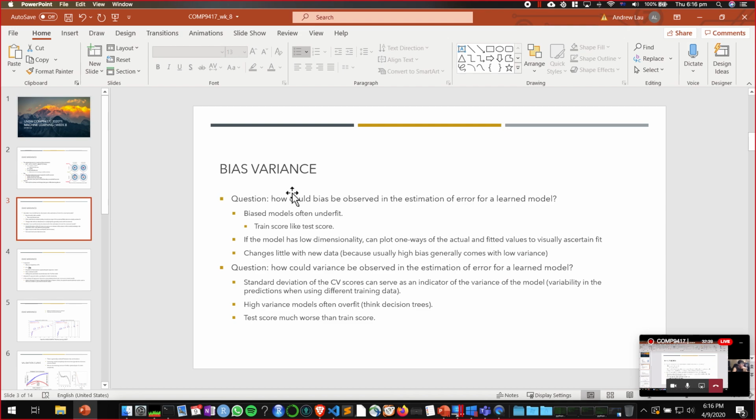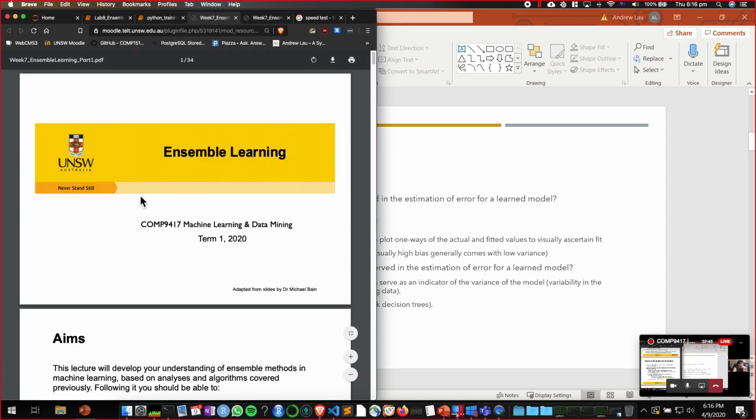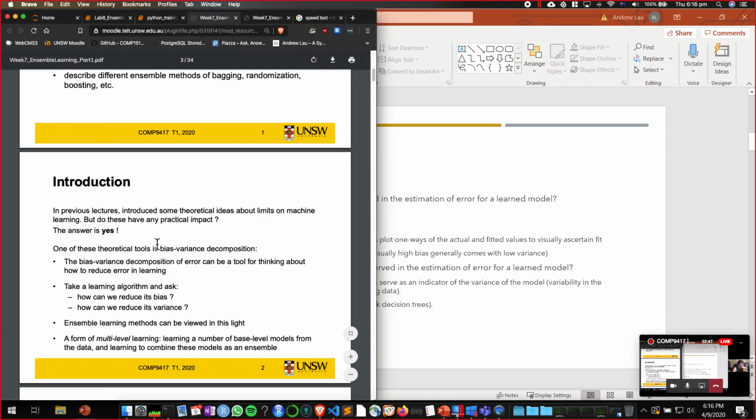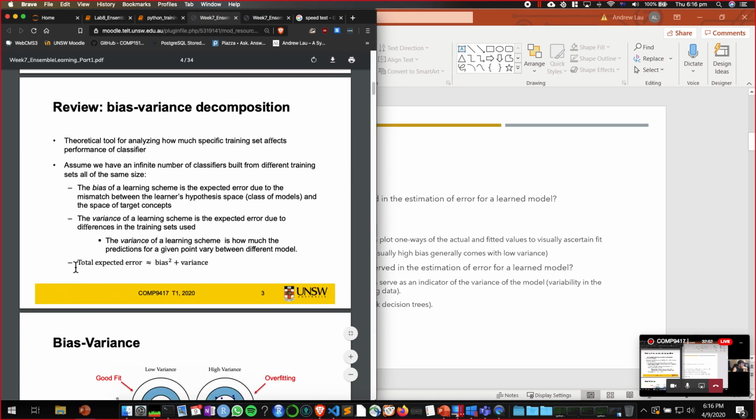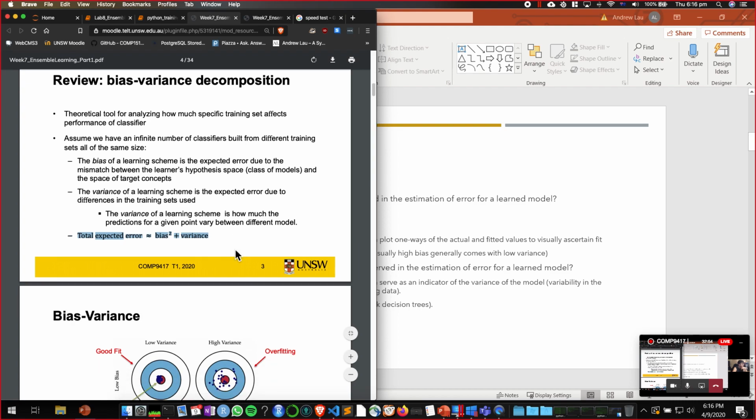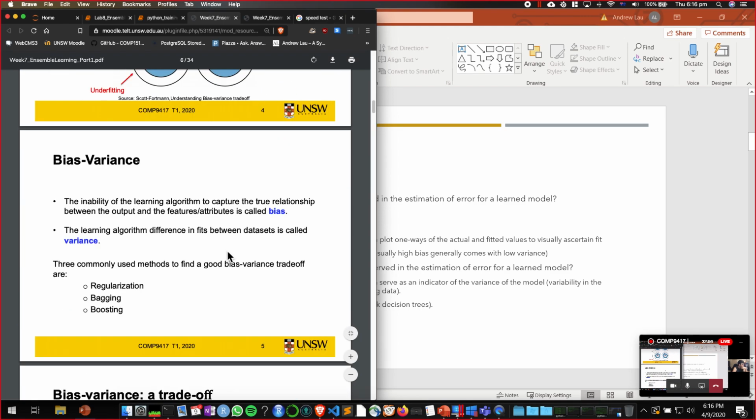Cool. So maybe I'll skim through all the lecture notes first. We have the bias variance trade-off, the decomposition. So the total expected error is bias squared plus variance. There's a couple of different ways to improve your bias variance trade-off: decreasing bias or variance or even both.